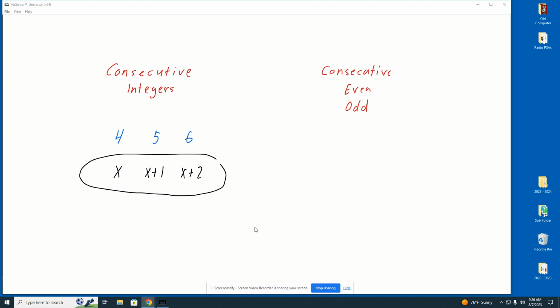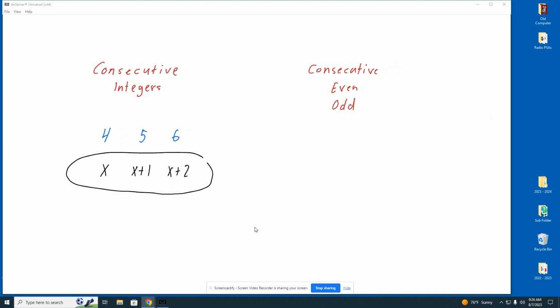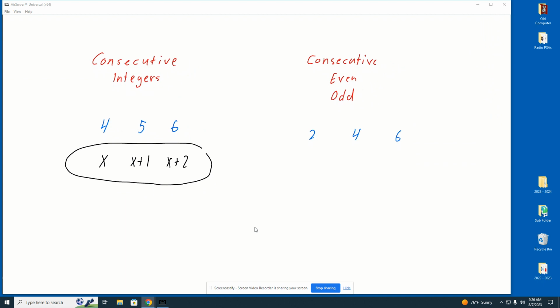Somebody give me 3 consecutive even integers. 2, 4, and 6. And somebody else give me three consecutive odd integers. 3, 5, and 7 were the first I heard. Now listen, a lot of times people view these as being different because one says even and one says odd, but they're absolutely not different at all.